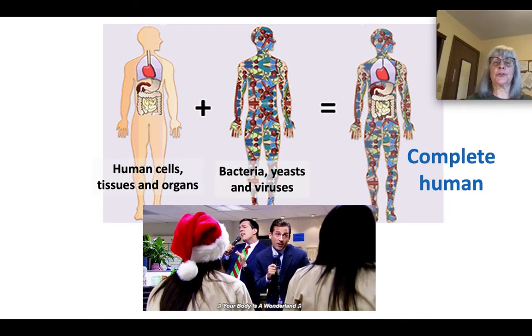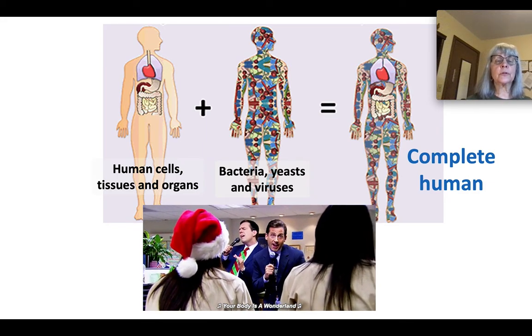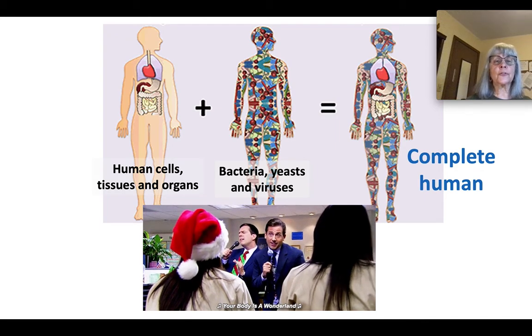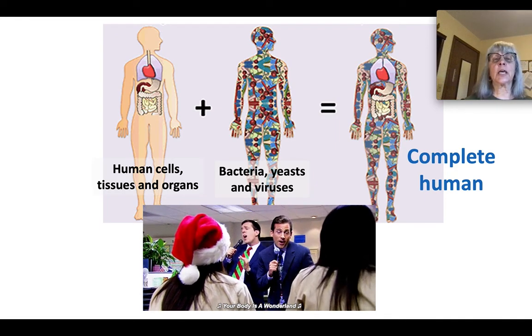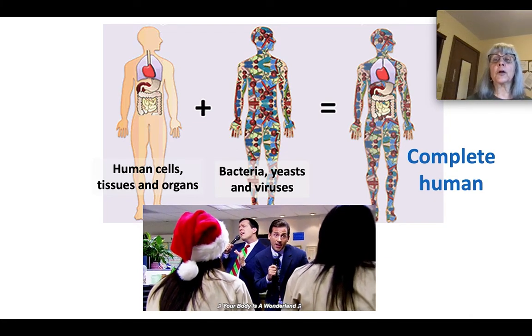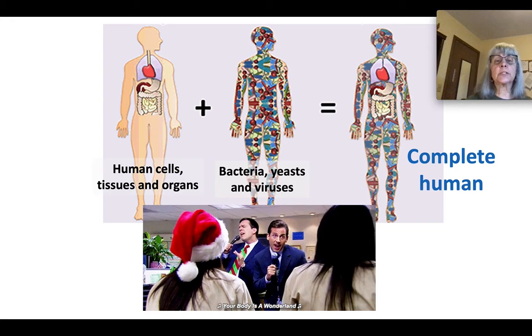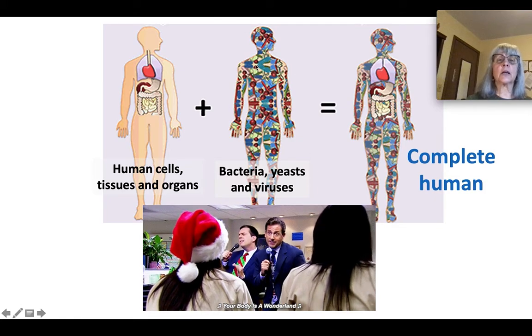So this is the overall picture. We've got our cells, which include tissues and organs. That's us on the left. See our little organs just hanging out there. Plus the microbes, the microbiomes, which include your bacteria and yeast and viruses. This is showing all those guys there.